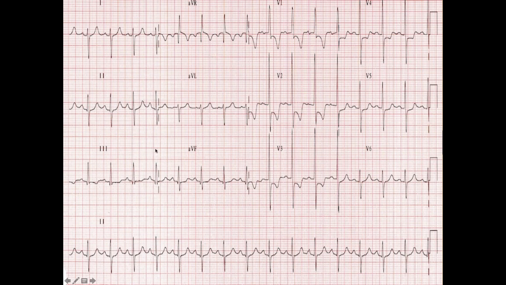So I need an S1 Q3 pattern. There is an S wave in lead 1. There is a Q wave in lead 3, just a little tiny, itsy bitsy, teeny weeny Q wave in lead 3. So I've got that. So I'm thinking left posterior fascicular block, but we need to rule out, remember, right atrial enlargement and right ventricular enlargement.